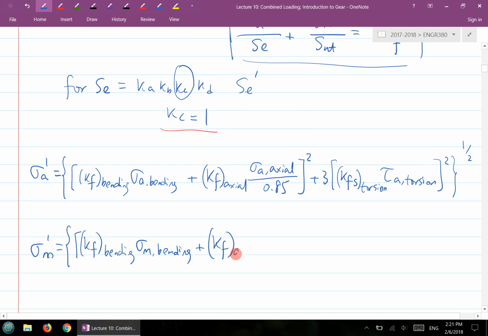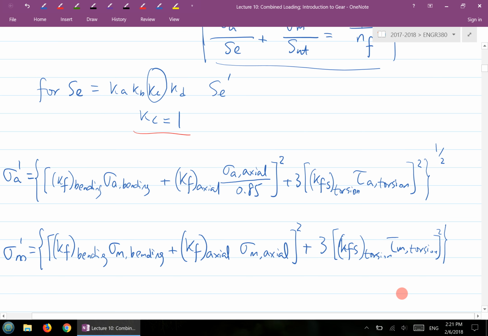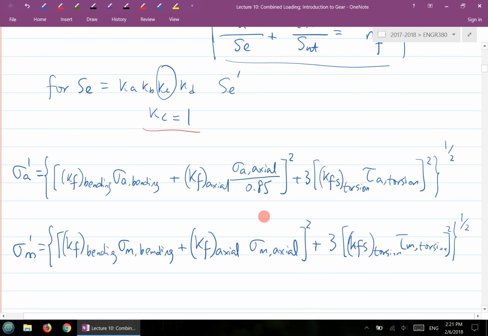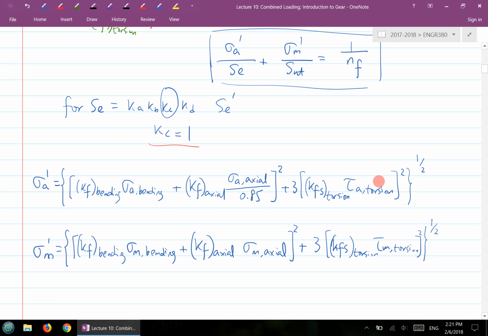KF for axial, and this is sigma M for the axial, squared, then plus 3 times KFS times the torsion component. Alright, so this is the formula for calculating sigma A prime and sigma M prime.